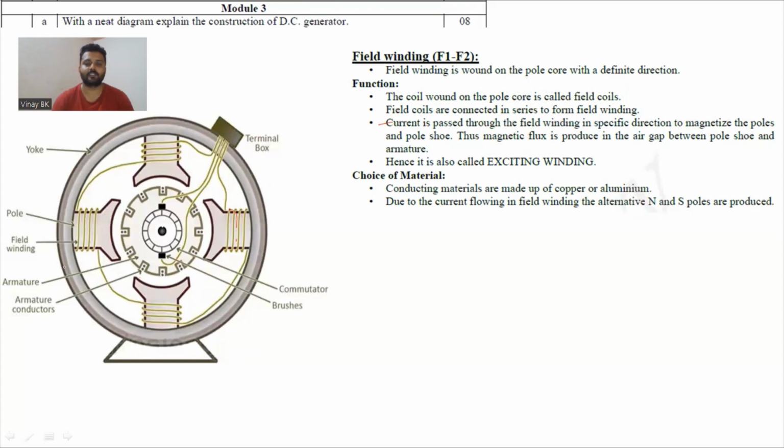When current is passed through the field winding in a specific direction, it magnetizes the poles and pole shoe, so that magnetic flux is produced in the air gap between the pole shoe and the armature. You can also call this field winding the exciting winding. The conducting material is copper or aluminum. Due to the current flowing in the field winding, alternate north and south poles are produced.